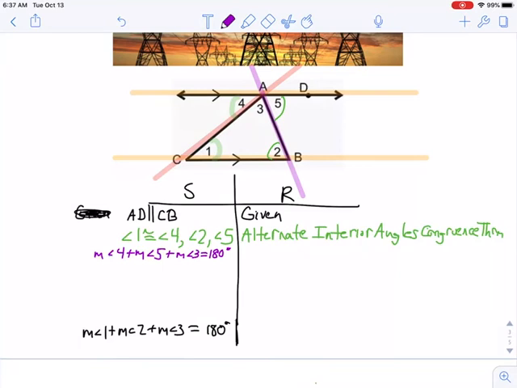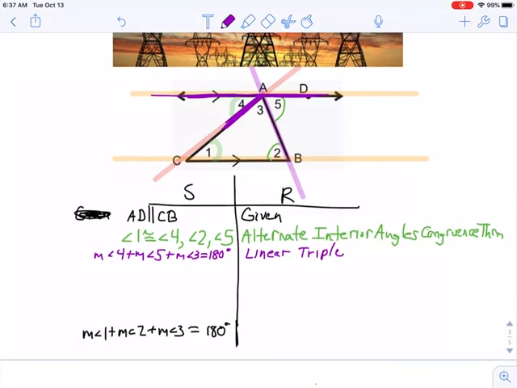We're officially going to do it later. But we're just going to say they're a linear triple. Linear triples aren't real, but do you see how we have 3 angles? It's like a linear pair. They're forming a straight line, like we could say 3 and 5 forming a linear pair with 4. Let's just make up a linear triple.